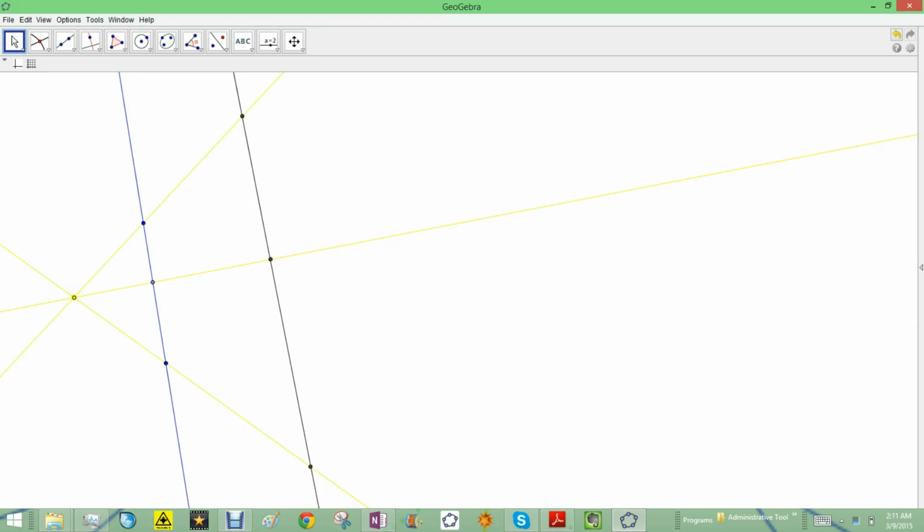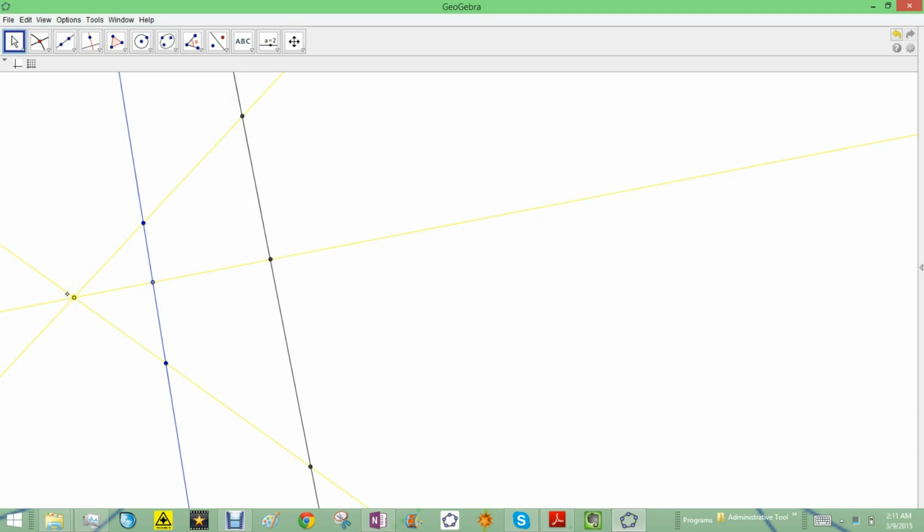So in other words, say we have a point A on the blue line and a point B on the black line. Well, the line AB should be a unique member of the pencil of this center point of perspective.